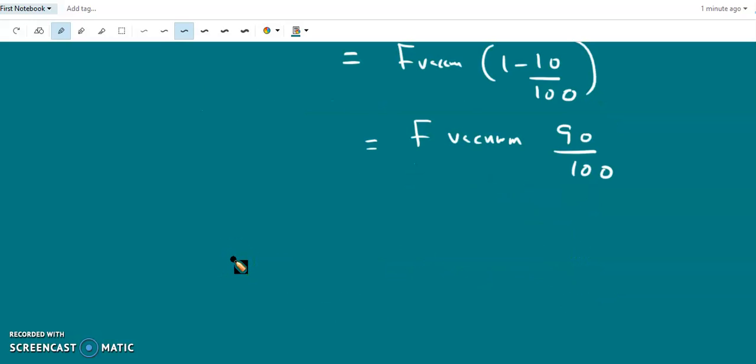And we know that, or we can say that 9 by 10. 0 cut ചെയ്തിട്ട് F vacuum. So the dielectric constant is the ratio of the force in the air or vacuum to the force in the medium.